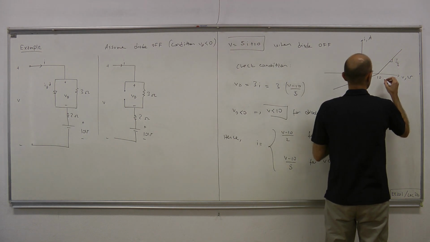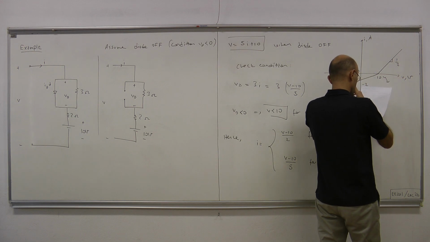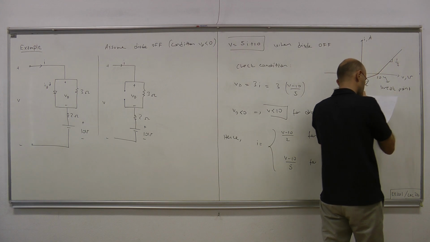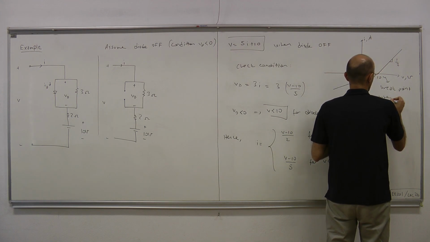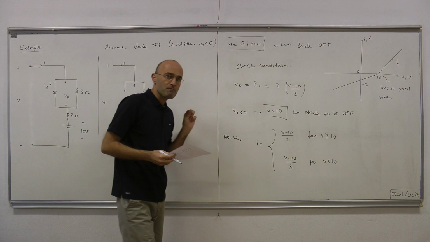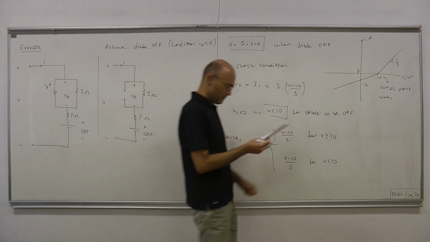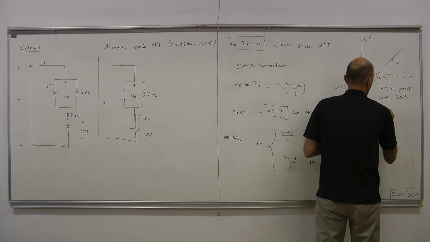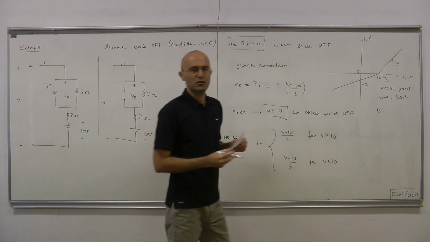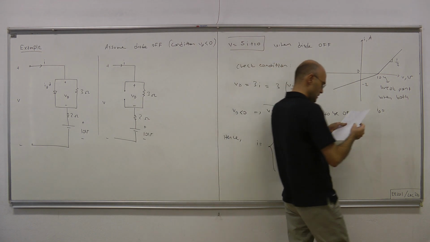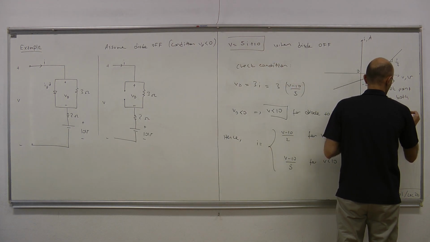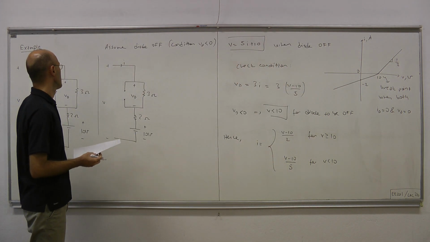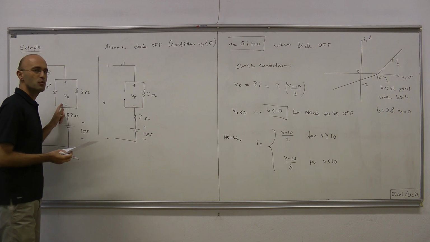So therefore, this here is the break point when the diode switches from open circuit to short circuit. And at that particular point, it behaves both like an open circuit and short circuit. Okay. So ID equals 0 and VD also equals 0. Okay, so that's the IV curve for this one port.